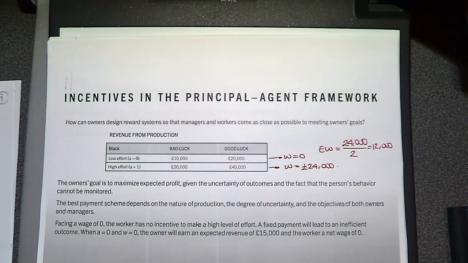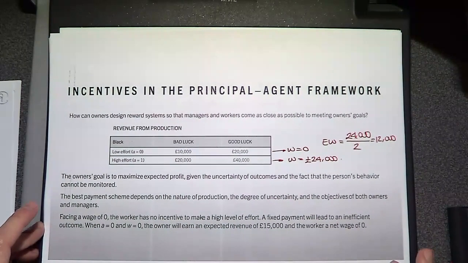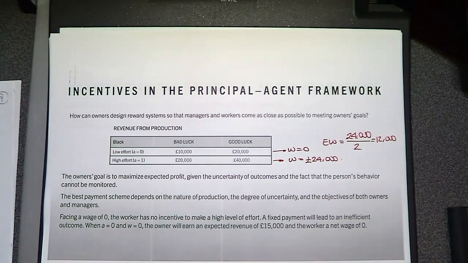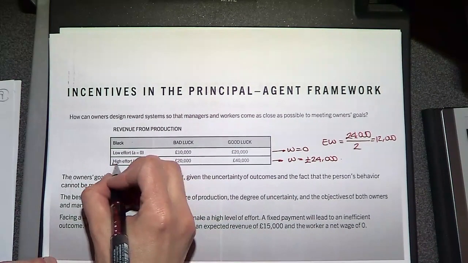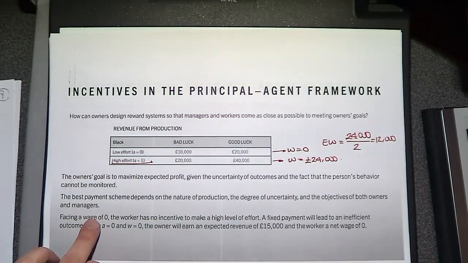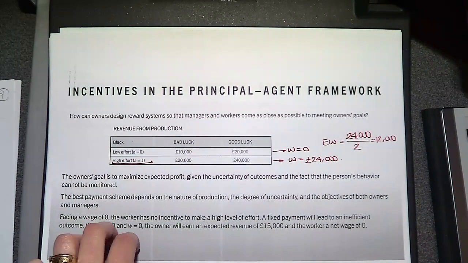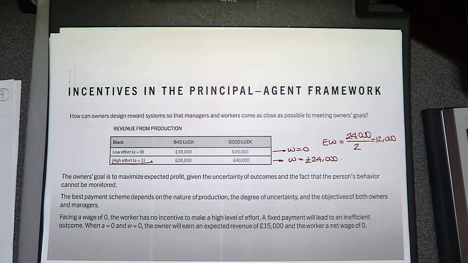Now, from the management point of view, in terms of profits, if the worker makes a high effort, which is here in A1, the expected total revenue will be 30,000. Is it 30,000? Yeah. Which is the midpoint between 40 and 20.